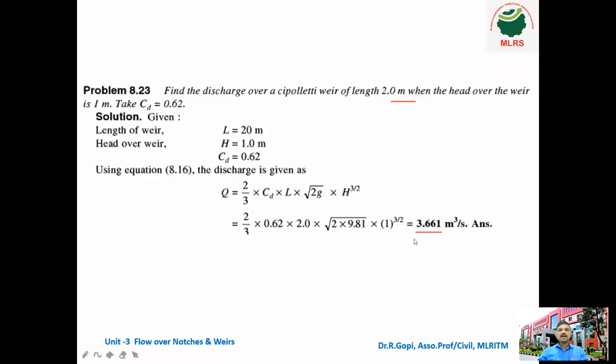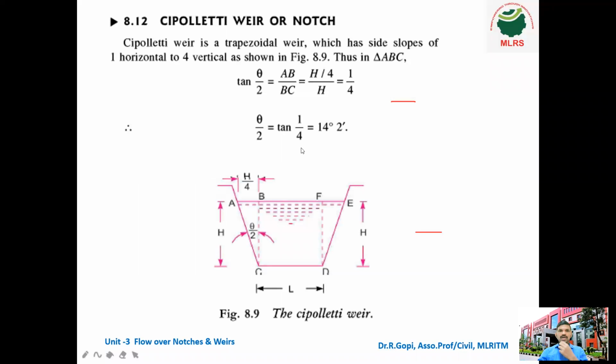So this is the answer for the rectangular portion. Okay. In the same way, calculate the triangular portion. That answer I didn't mention here. So in the same way calculate for the triangular portion. In the triangular portion, tan theta by 2, for that we have to substitute 14 degree. Okay.